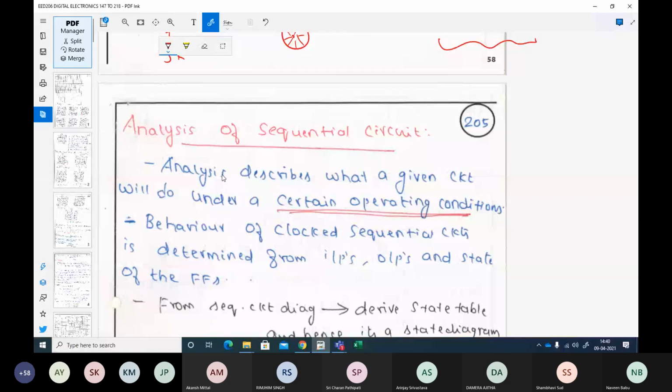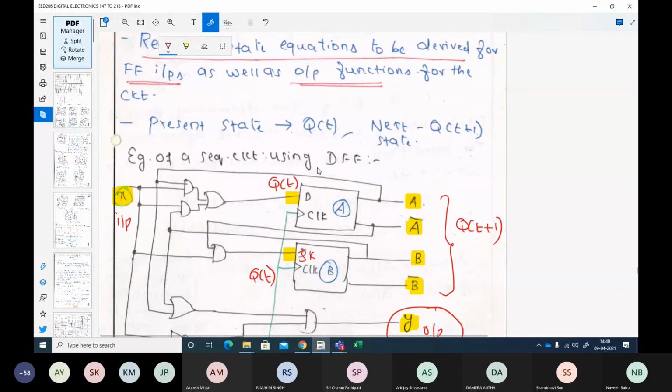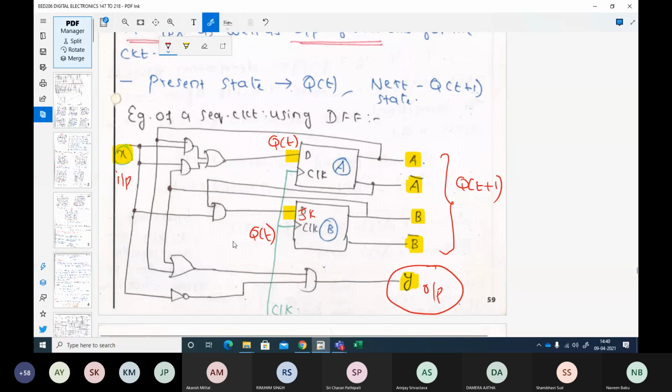The procedure is that you will be given a sequential circuit, and from it we go back and find out the state equations, the state diagram, and the present states and next states.